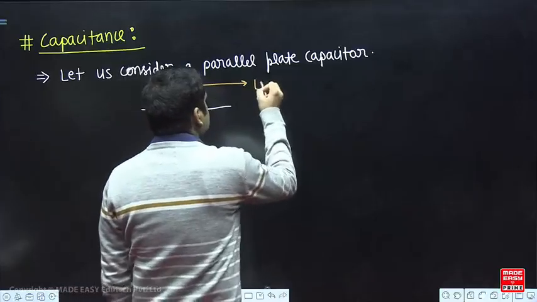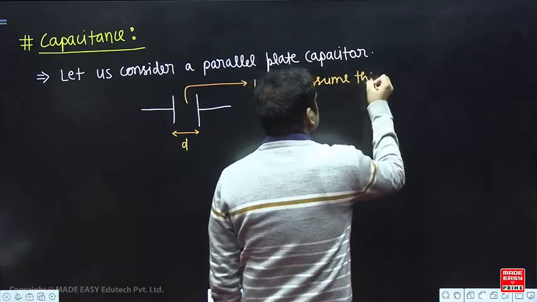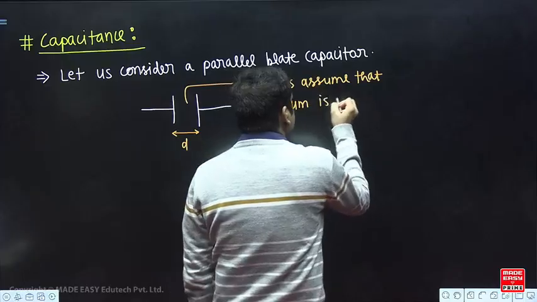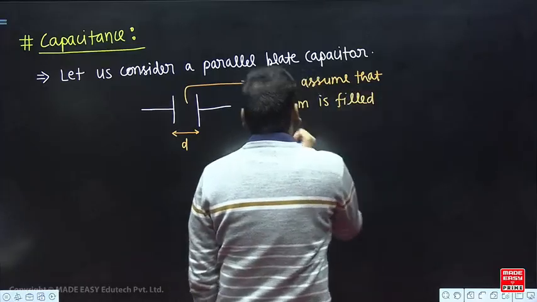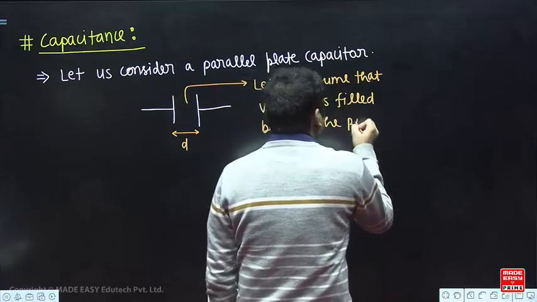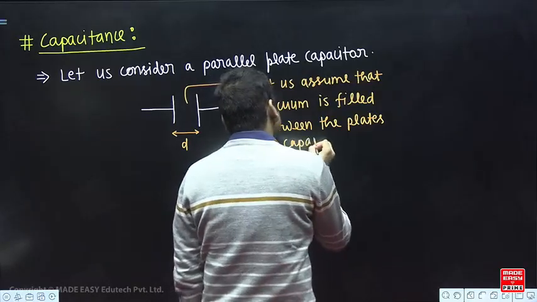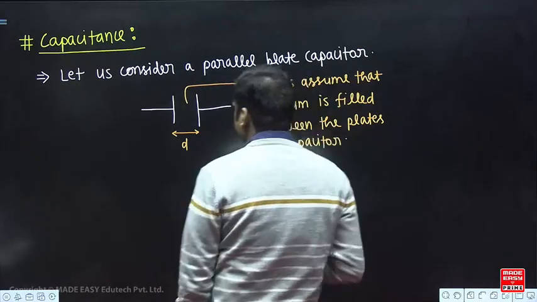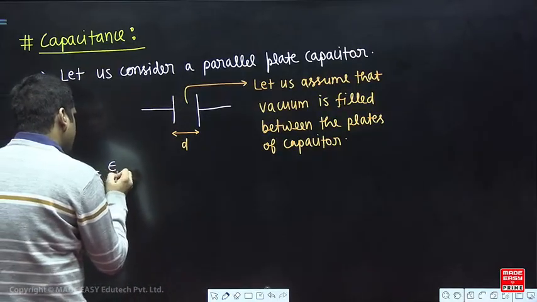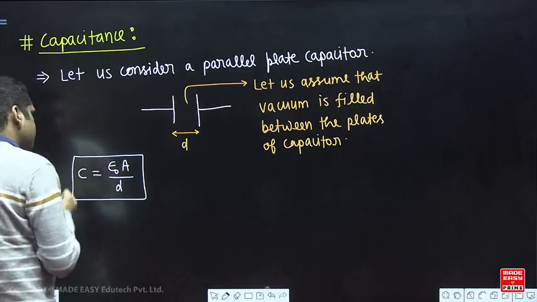So let us assume that vacuum is filled between the plates of the capacitor. So capacitance is equal to epsilon naught A by D. This is the value of capacitance.